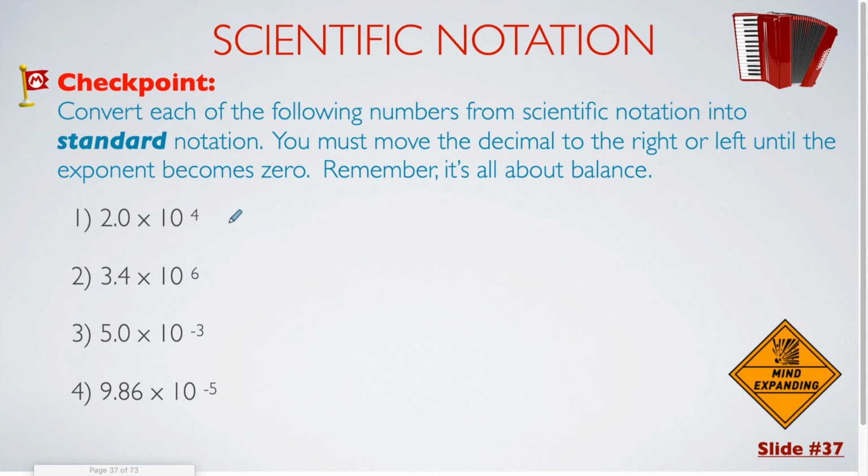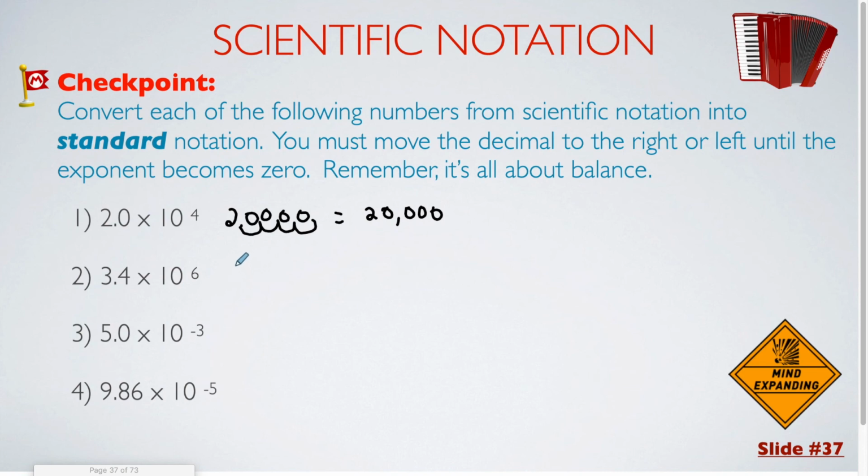For this first example, I need to slide my decimal 4 spaces to the left. So I'm going to rewrite this 2.0. I'm going to go over 1, 2, 3, 4. And in any of those little empty spaces, I'm going to put a 0. So for this first one, 2.0 times 10 to the 4th is equivalent to 20,000.